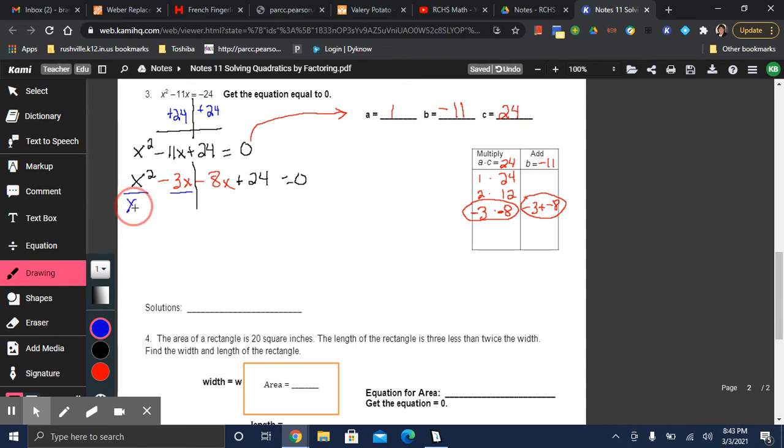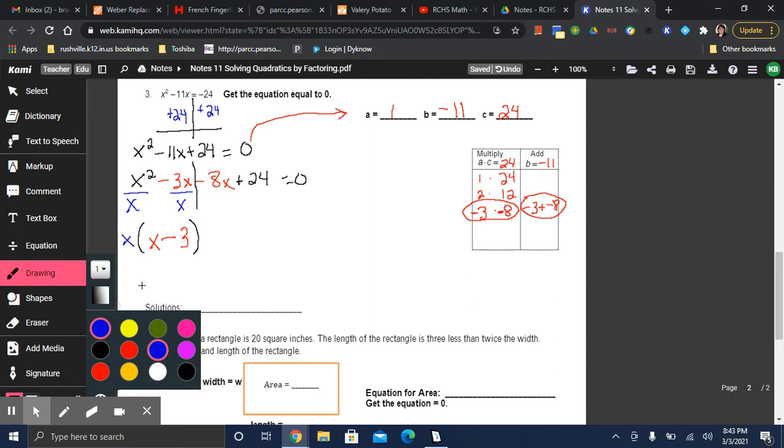And so we'll put x and then start a parentheses. Inside that parentheses, x squared divided by x gives us an x. We have a minus sign here, and then the x's cancel. We'll have our 3.